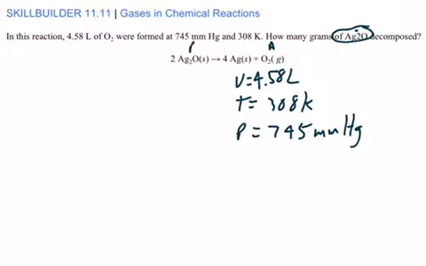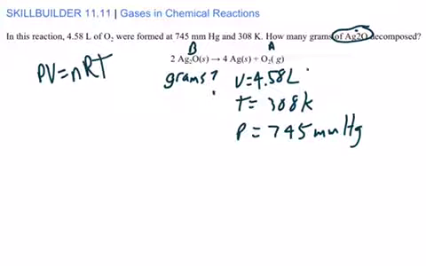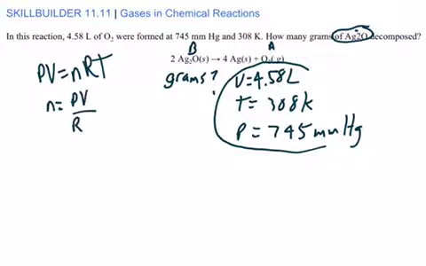So that is B. They want grams. This is a volume to mass problem. So the first thing we're going to do is use all this information to find n, which would be PV over RT.